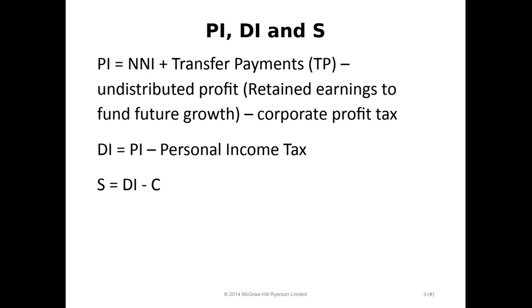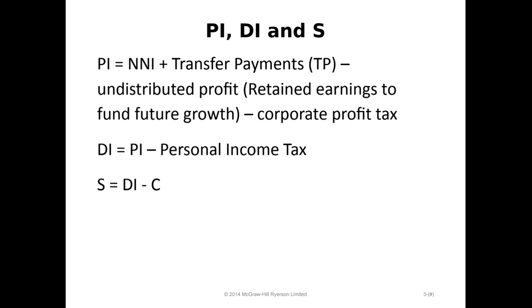For example, undistributed profit. This is what we call retained earnings to fund future growth. So corporations don't give you 100% profit. They will keep a certain percentage of your profit as retained earnings in order to invest for future growth, and you have to pay corporate profit tax.